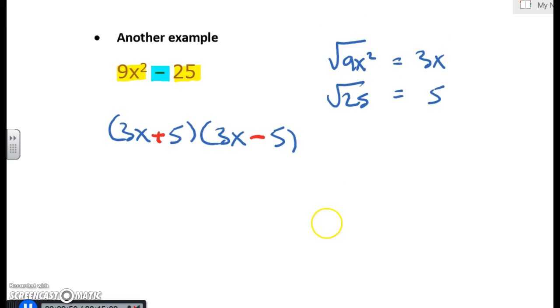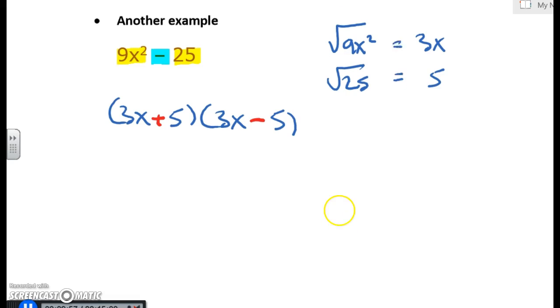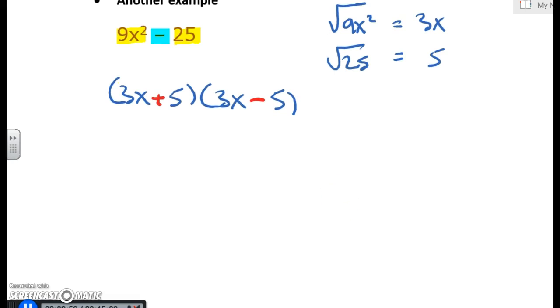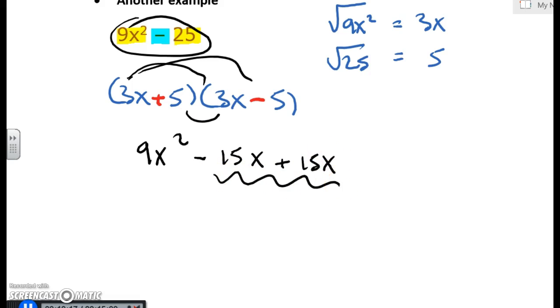Let's, however, check this one, because I didn't start off with the expanded version. So really quickly, I'll FOIL this, and hopefully we end up with what we started with up here. So first we have 3x times 3x, 9x squared. Outside, 3x times negative 5 is negative 15x, and then we'll do the inside to get positive 15x, and I can already see that those two are going to cancel each other out.